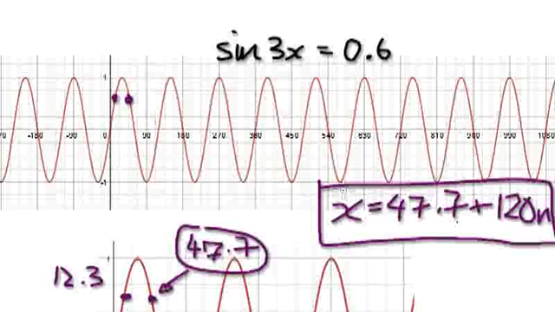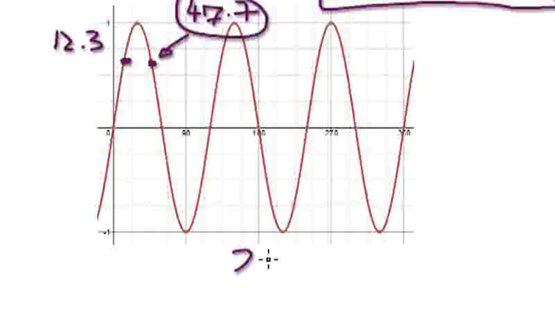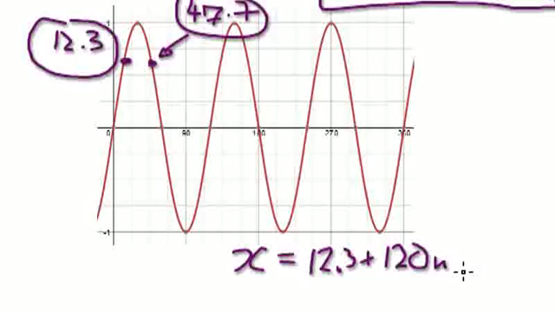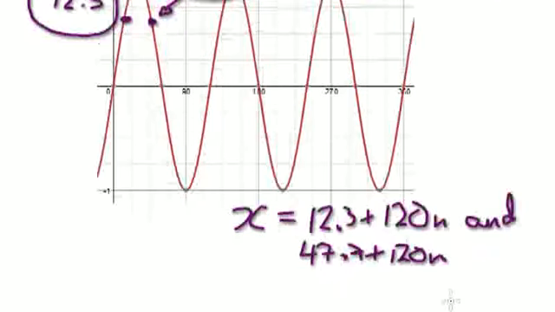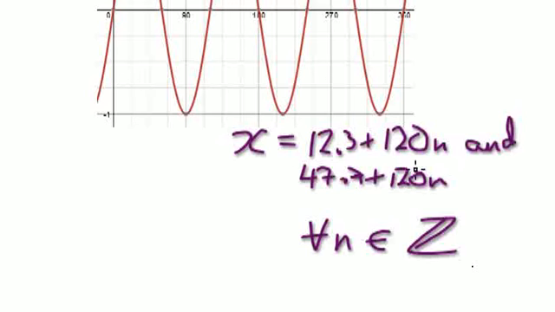So overall, our solution would be this. We have to write it as x equals, the first part is 12.3 plus 120n, and now the second set of solutions, 47.7 plus 120n, for all n belonging to the set of integers.